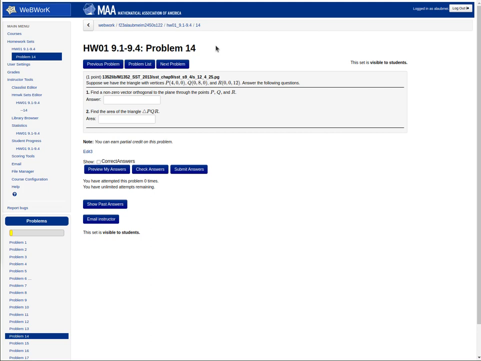I just want to draw the picture for you so that you can maybe better visualize that note at the end about what we're doing. So right now my web work has that the point P is at (4, 0, 0), Q is at (0, 8, 0), and R is at (0, 0, 12).